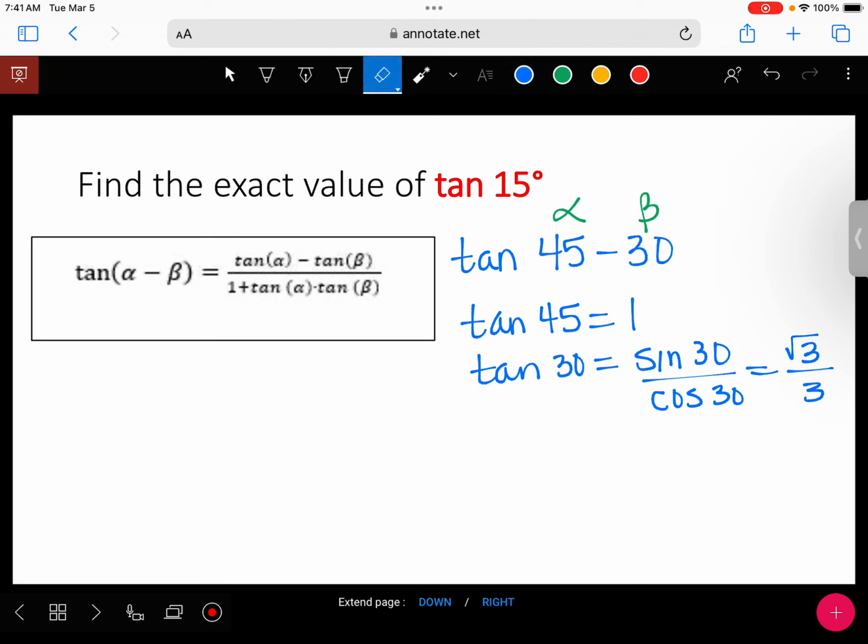Every place where it says tangent of alpha, we're going to put a 1, here and here. And every place where it says tangent of beta, we're going to put a root 3 over 3, here and here.